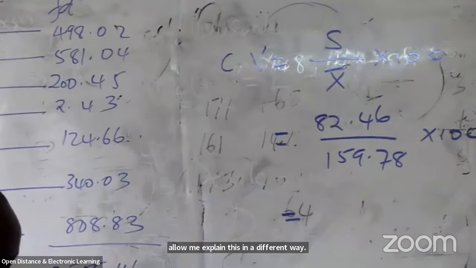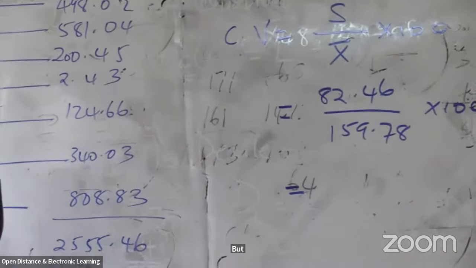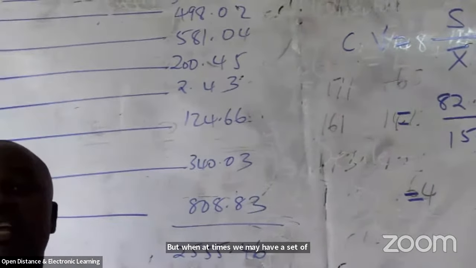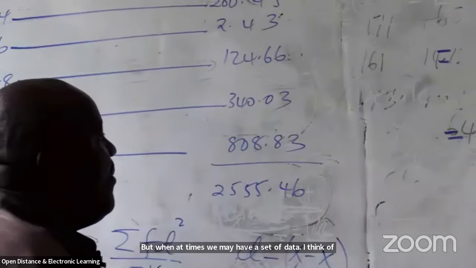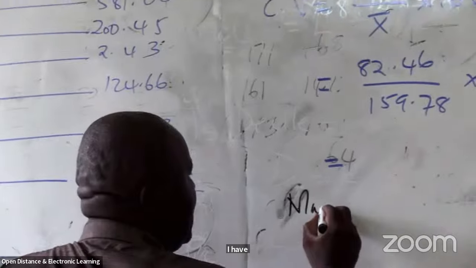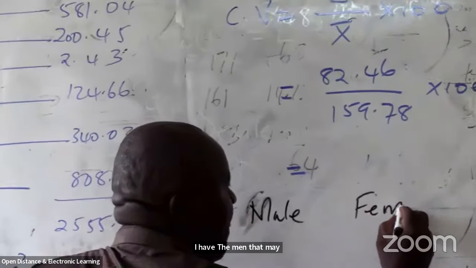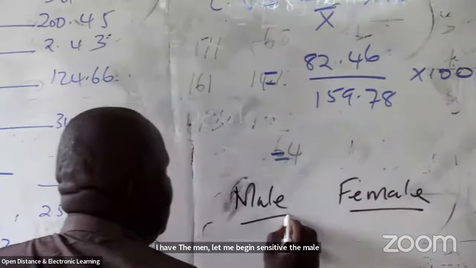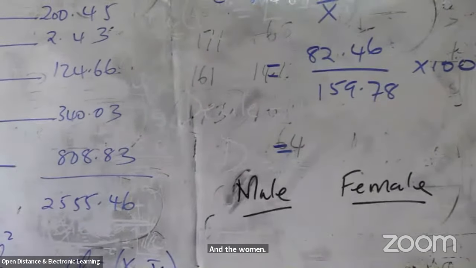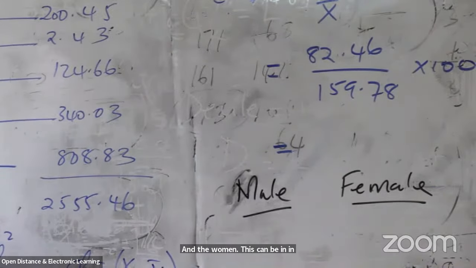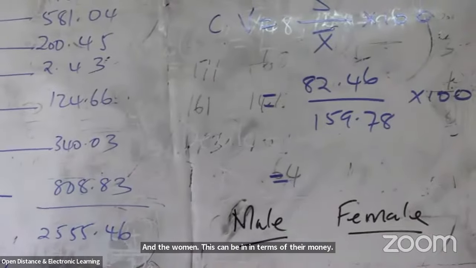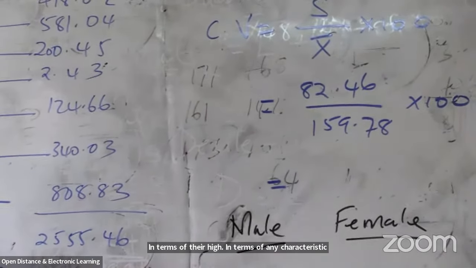Many times we may have a set of data that has two sets. I may have the male, let me be gender sensitive, the male and the female. This can be in terms of weight, money, height, or any characteristic of interest, any variable for that matter.